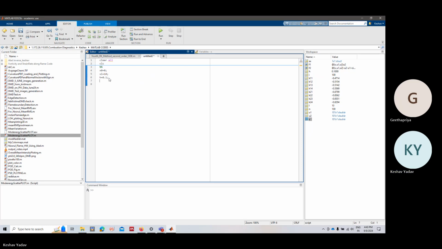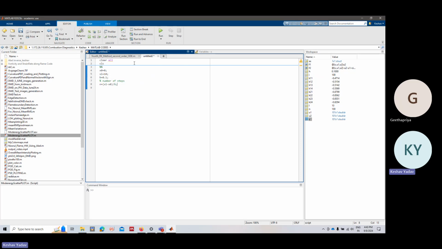Now, what will be the number of steps? N will be equal to, in brackets, xL minus x naught, divided by h.